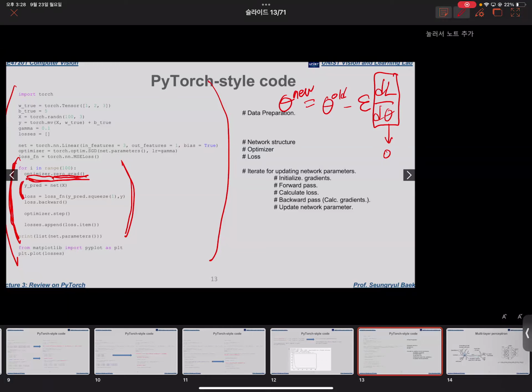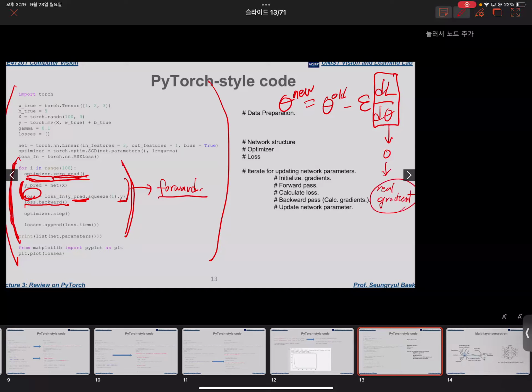And you have to call the forward function once, calculate the predicted value, compare it to the ground truth value, and calculate the loss. Okay. And by calling loss.backward, this is updated to some real gradient value.